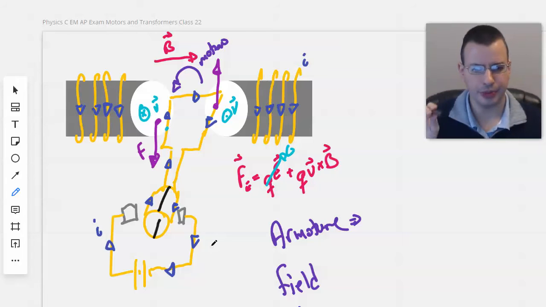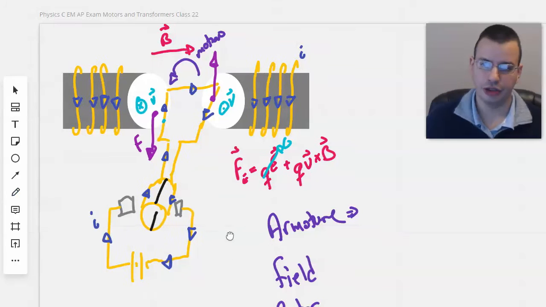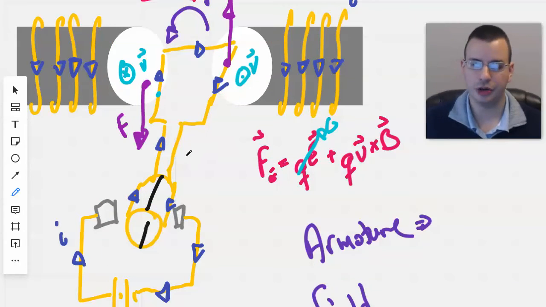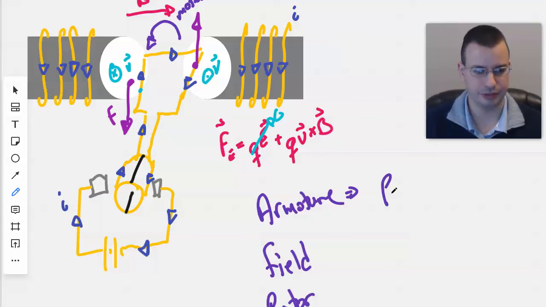Probably better to think of the armature as what produces the power. It's the goal of what you're doing here. In an electric motor like this, the armature would be in the middle, because the current is going through the wire, the loop, and that's what creates the motion. So you can think of the armature as power producing.